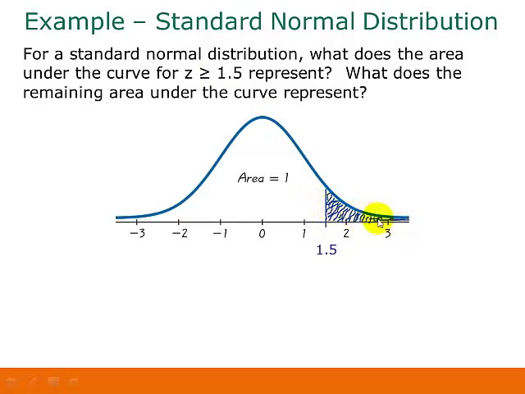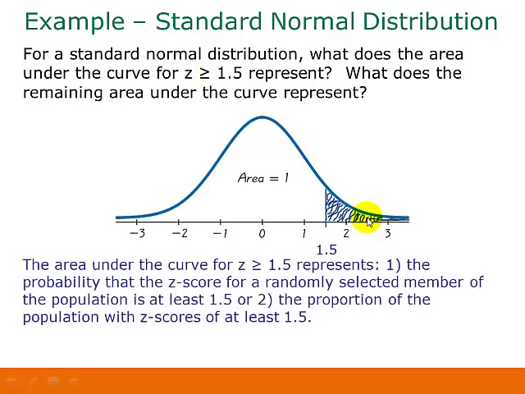And again, you're going to be shading in the same direction as your inequality points. So this area that we've got shaded represents, one, the probability that the z-score for a randomly selected member of the population is at least 1.5, or another way to think of it is it's the proportion of the population with z-scores of at least 1.5.